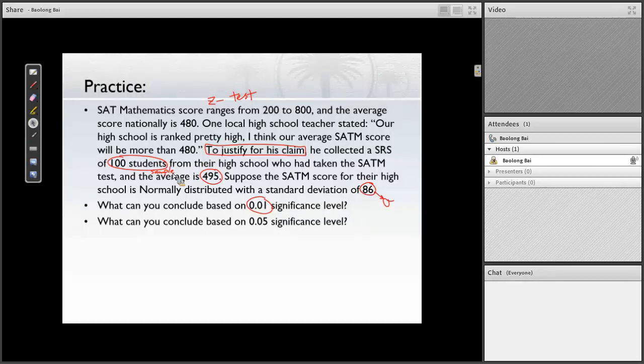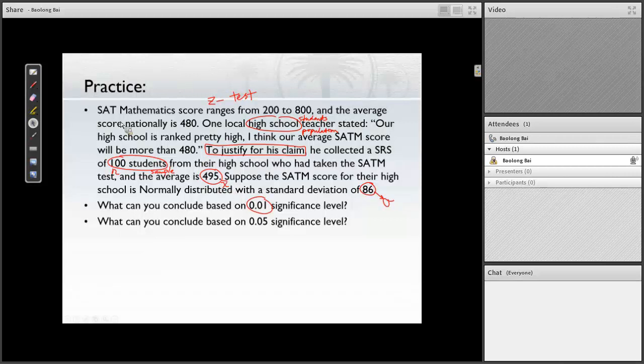It didn't specifically say, but basically it's all high school students. That's our population. Okay. So then this is our sample size n. This is our sample mean x bar. And this is sigma we talked about earlier.